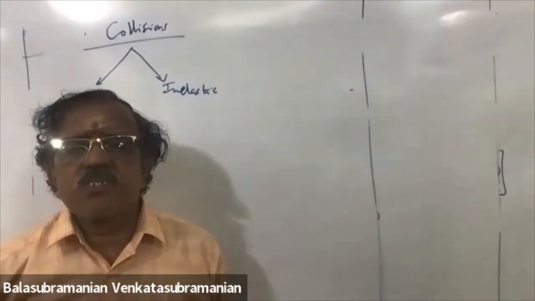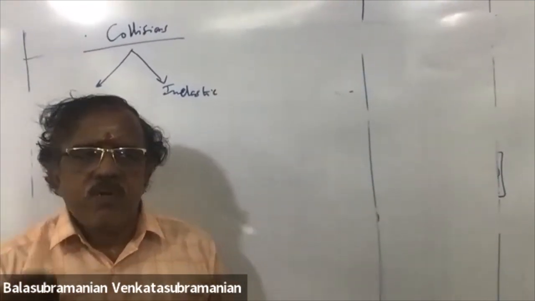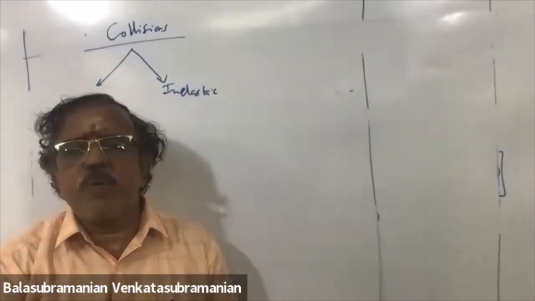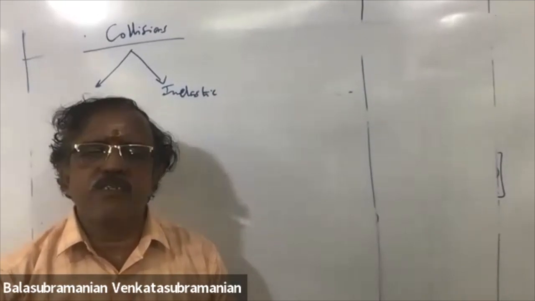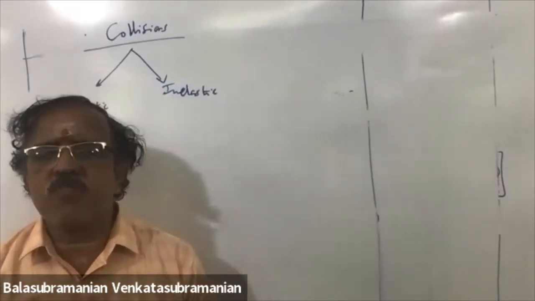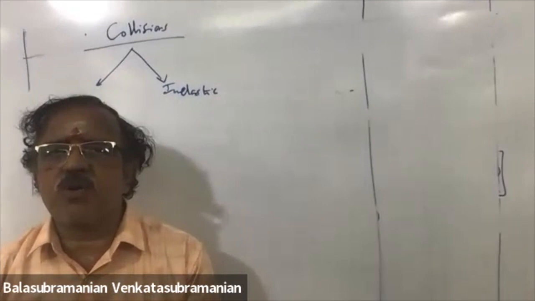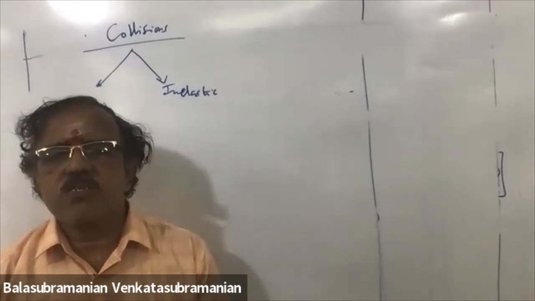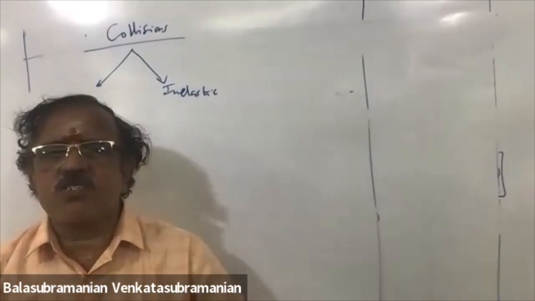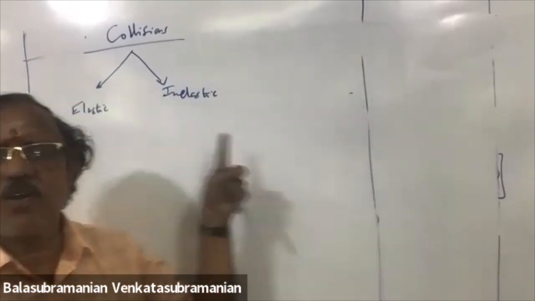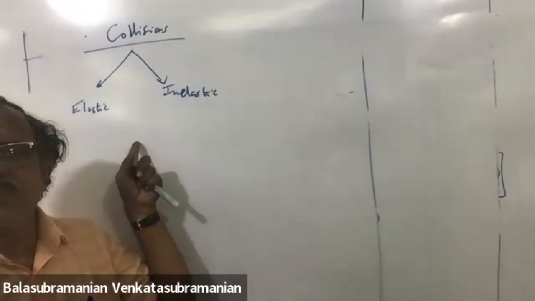Elastic means collision between microscopic, subatomic particles: between 2 protons, between electrons, between proton and neutron. After collision, kinetic energy is not lost. Then you call it an elastic collision.